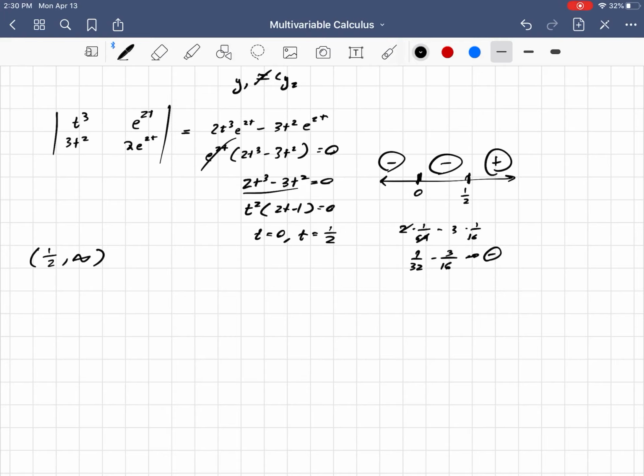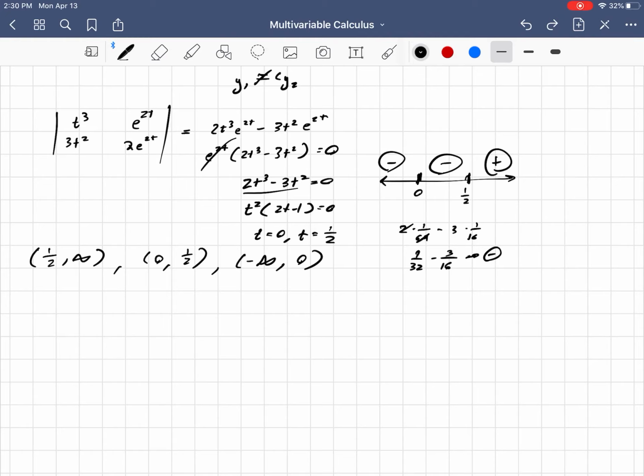So we can say that on the interval from 1/2 to infinity, these solutions are linearly independent and they form a fundamental pair of solutions. And from 0 to 1/2, they're linearly independent. And from negative infinity to 0, they're linearly independent.